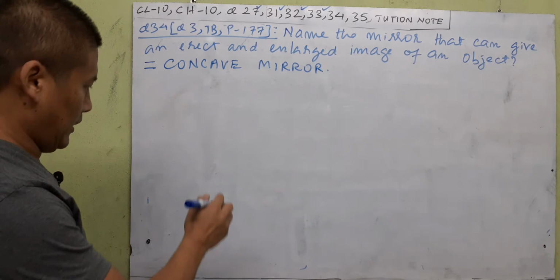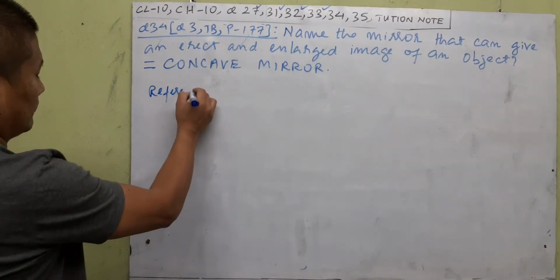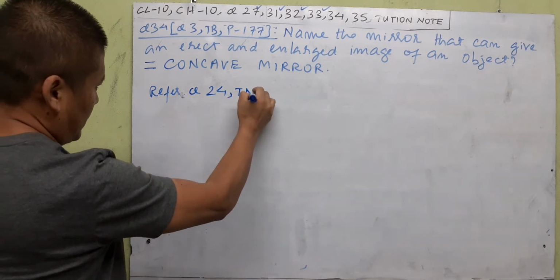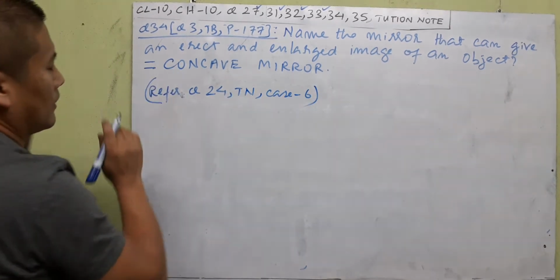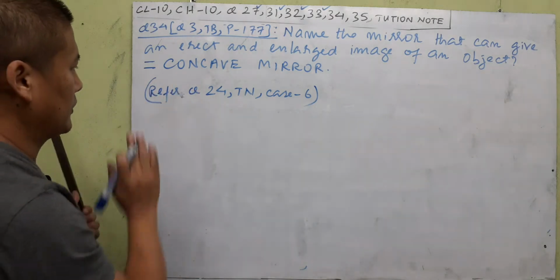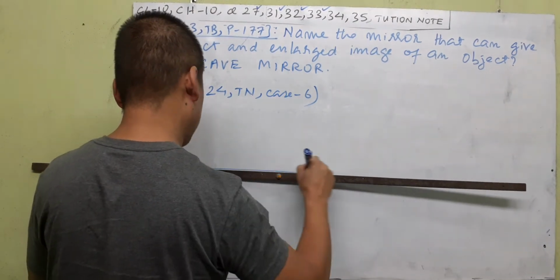You see here why, because you'll remember, refer question 24 tuition note, case 6. If you go up to your previous classes, check the previous videos, you have written this one, question 24, case 6. So let's just draw it again.